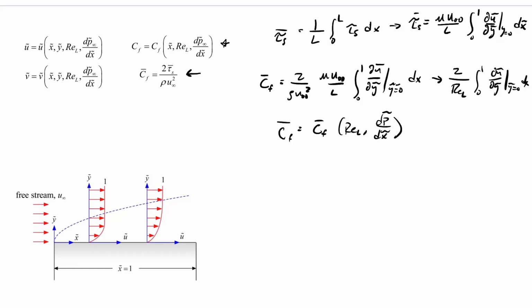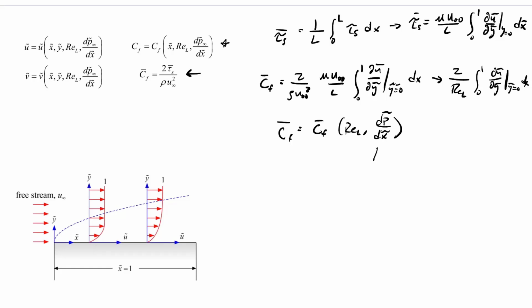It's really kind of amazing that you can come up with a relationship for flow in this really complex situation in a boundary layer, for really any geometry valid for this dpdx, and have a single set of curves that go with that. It's a really powerful conclusion.